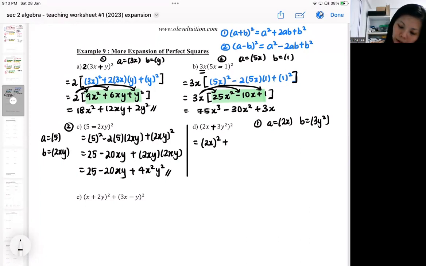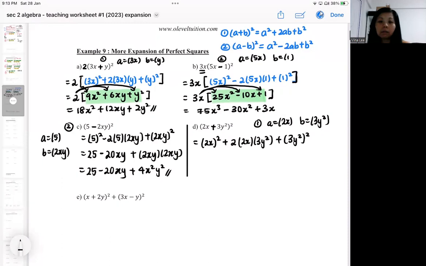A squared plus 2ab plus b squared. So you will get 4x squared. You will get 12xy squared.